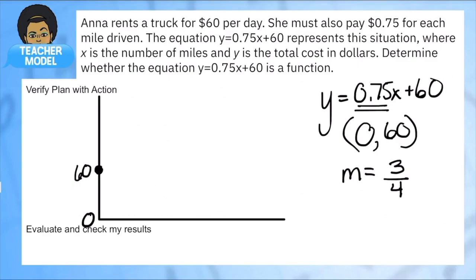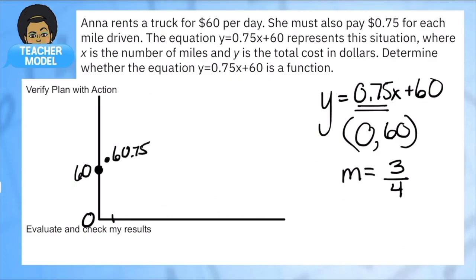So I can just say it is the same as up 3/4. And that's just telling me it's 75 cents every single mile. That's all it's telling me. So when I go 1 mile, I'm just going to move up to $60.75.